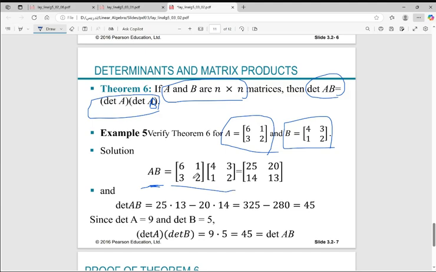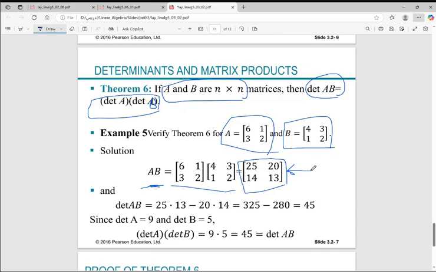This is A times B, and you are very familiar with computing matrix multiplication. Right? So then, what is the determinant of this resulting matrix? What is determinant of AB? You know, right? It can be computed easily.